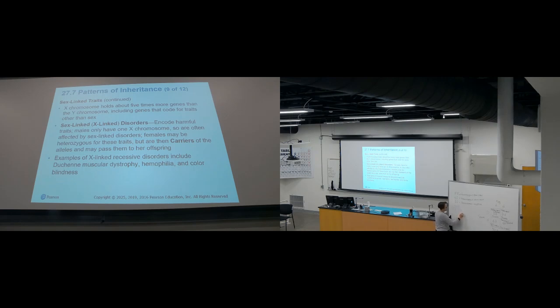The second largest will be pair 2. The third largest will be pair 3. And you keep on going like that until you reach the smallest autosomes, which will be pair 22.